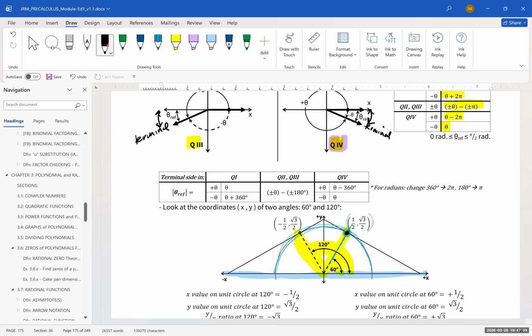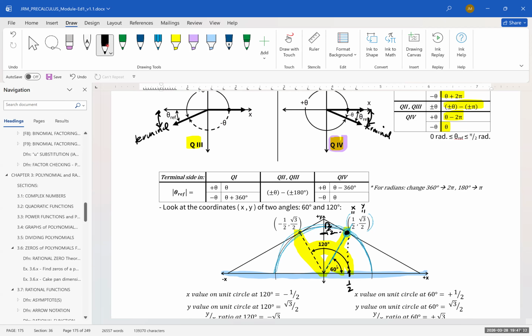So the x coordinate at this point is 1/2. If we trace down to here, this would be 1/2 on the x-axis. And this square root of 3 over 2 is going to be this coordinate on the y-axis.